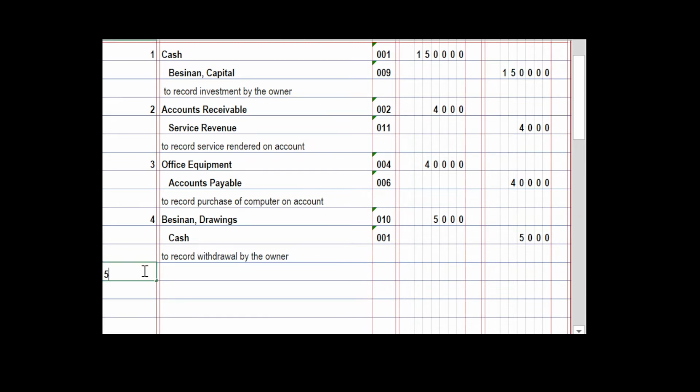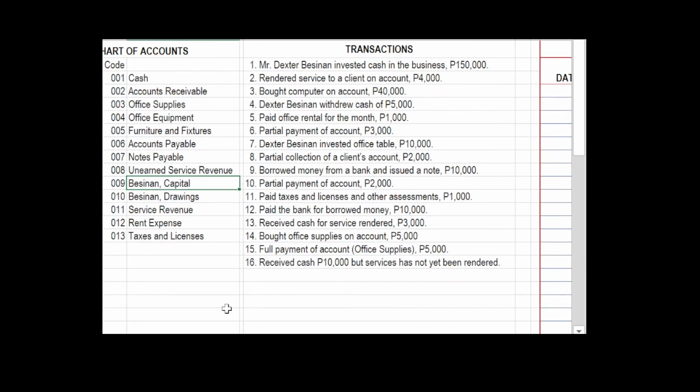Next, fifth transaction, paid office rental for the month, 1,000. Okay, so nagbayad tayo ng renta for the month. Saan ba yung rental natin dito? Rent expense. So, that is an expense. Expense is nasa debit side. And then, since nagbayad tayo, lumabas yung cash sa atin.